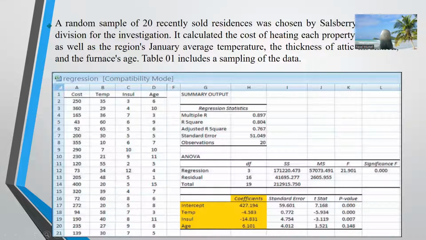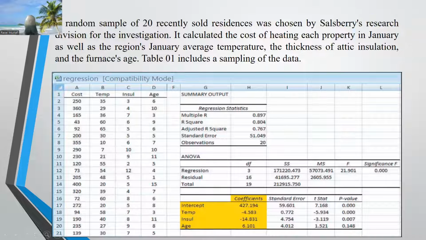That is the scenario. A random sample of 20 recently sold residences was chosen by the Salisbury Research Division for investigation. It calculated the cost of heating a property in January, as well as the region's January average temperature, the thickness of attic insulation, and the furnace size.